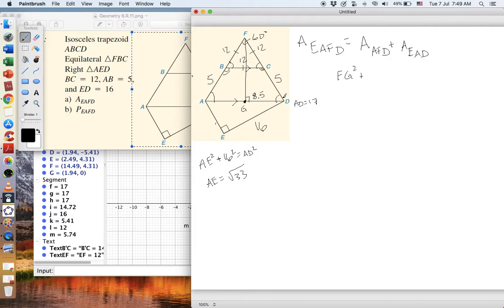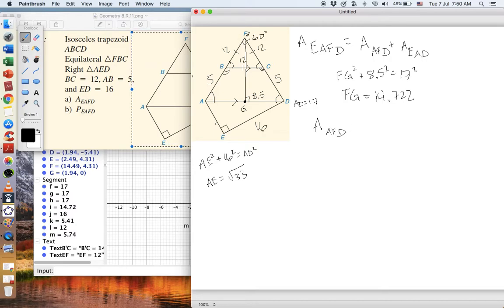FG squared plus GD squared, or 8.5 squared, is equal to 17 squared. And so we get FG, which is the height of triangle AFD, and that's equal to 14.722. And so now we can find the area of that triangle AFD.